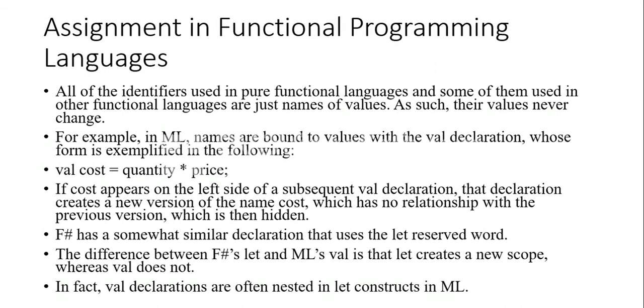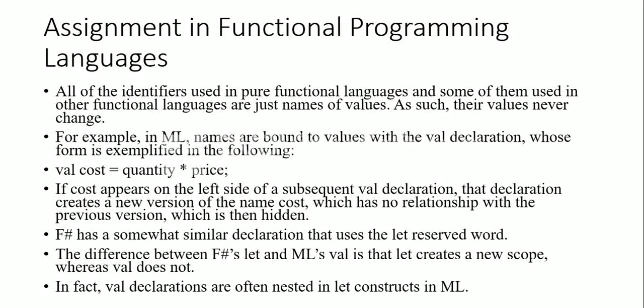So we have cost appearing on the left side of a subsequent val declaration. That declaration creates a new version of the name cost, which has no relationship with the previous version and which is then hidden. F# has a somewhat similar declaration that uses the reserved word let. Okay. So in ML we have val cost = quantity * price.